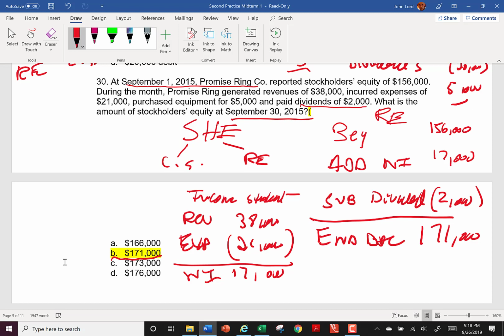The only way I can answer this question is by figuring out the impact that the things that affect retained earnings have on the stockholders' equity. That's the only thing I can do because they only gave me items that affect retained earnings, right? I don't know what the beginning balance of retained earnings was, so I can't answer the question.